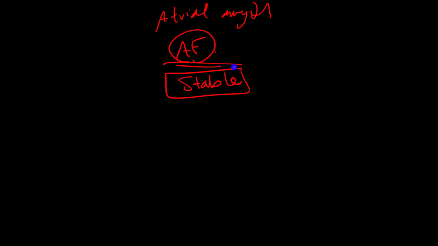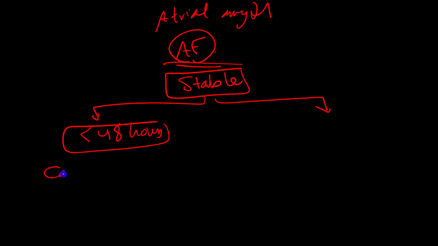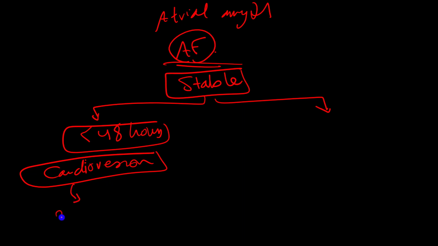And this is just a starting point. Then I will think about the age of the AF. If it is less than 48 hours, I can do cardioversion, either chemically or electrically, the same way as unstable. And then I will give the patient anticoagulation for 3 to 4 weeks after the reversion to the sinus rhythm.